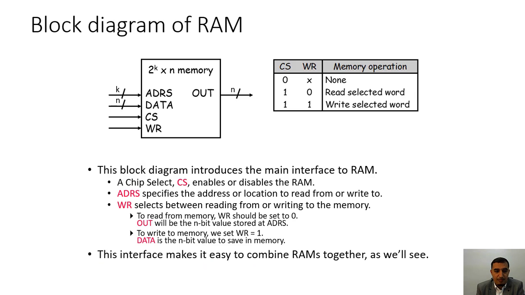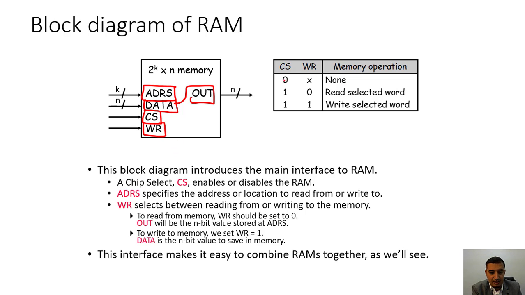So here, for example, is a block of RAM, and you can see that the RAM has an address, a data in, and a data out. It has chip select, and it has WR, for read or write.